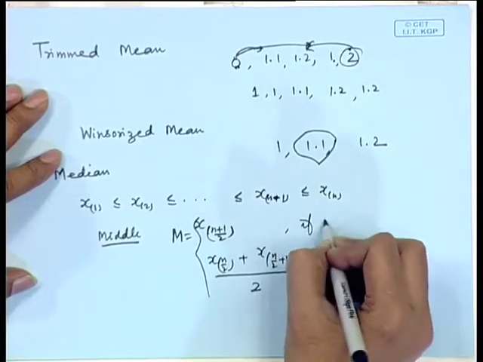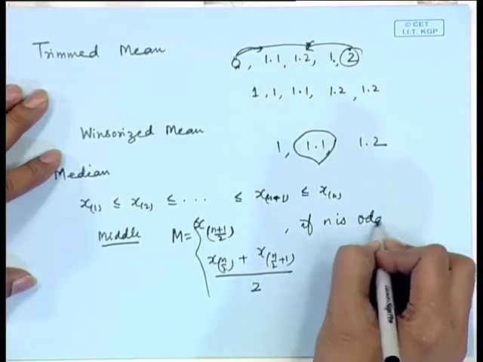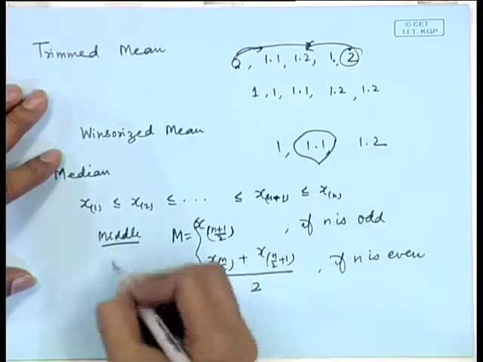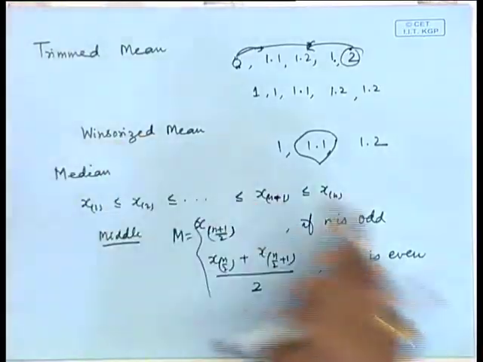So, when we have raw data, we can order them in a sequence and find the median using this technique. However, if I have a frequency distribution, then one may consider the following.